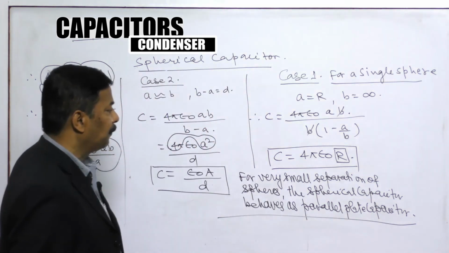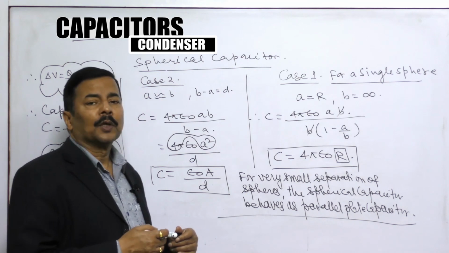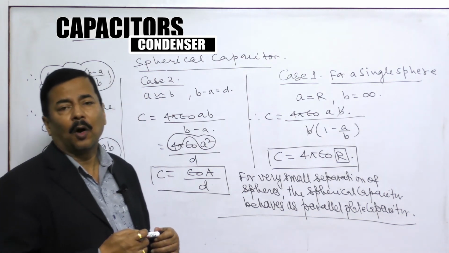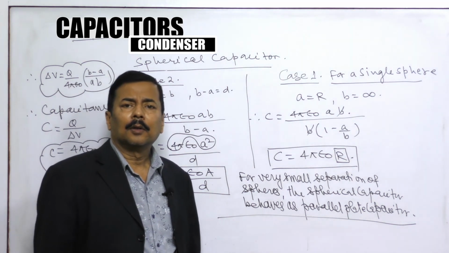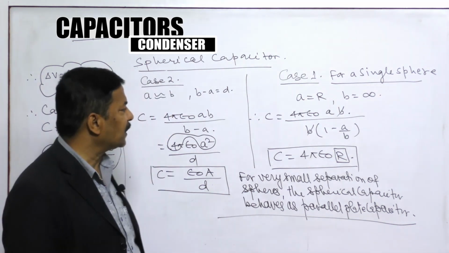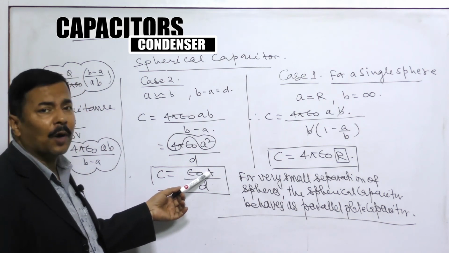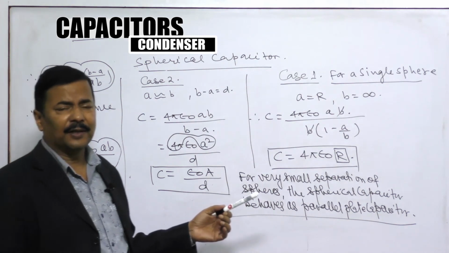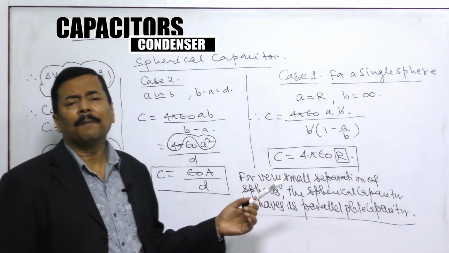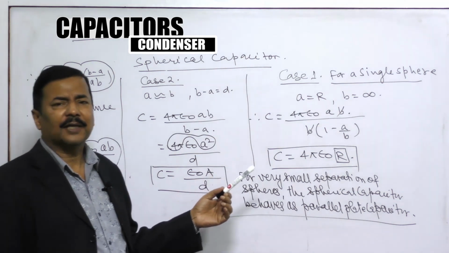So if the separation between the two spheres is very small, then we can treat the spherical capacitor as the parallel plate capacitor. And this A is what? This A is the surface area of the sphere, and as the difference in radius is very small, the area will be nearly equal for the inner surface and the outer surface.